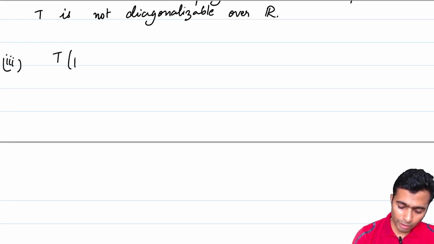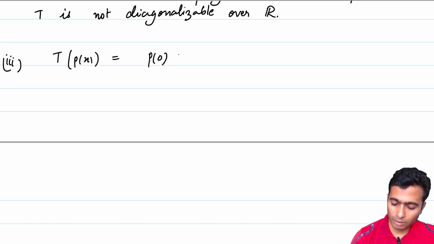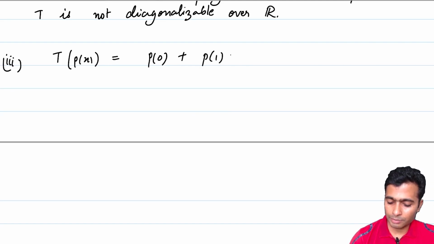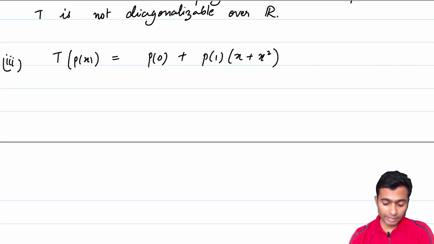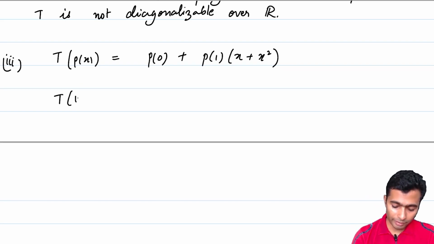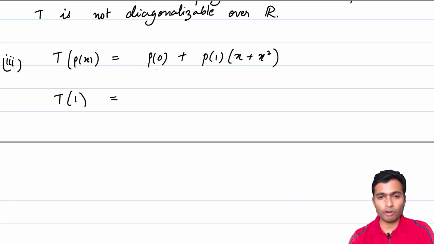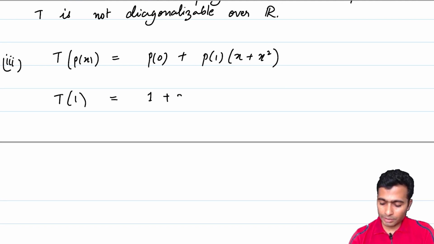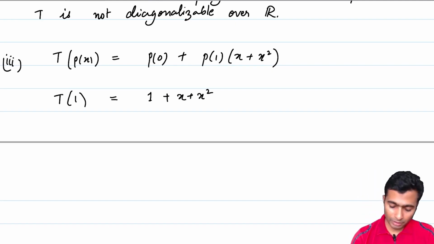So T of P of x is equal to P of 0 plus P of 1 times x plus x². Okay, let's see what is T of 1. T of 1 is just P of 0, which is 1, and P of 1 times x plus x², so this is going to be 1 + x². How about T of x?